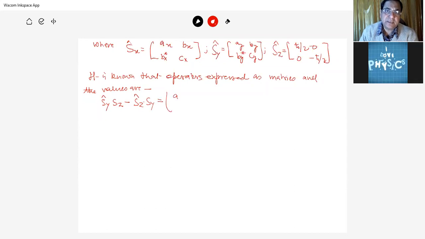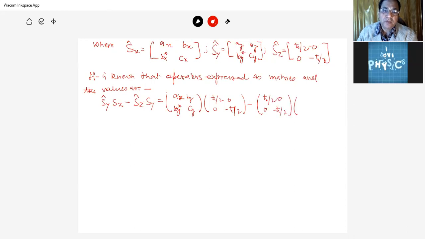This is the matrix [Ay, By; By star, Cy] times Sz, which is [H cross by 2, 0; 0, minus H cross by 2], minus Sz times [Ay, By; By star, Cy].